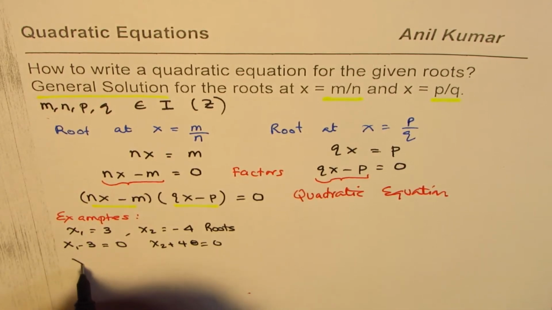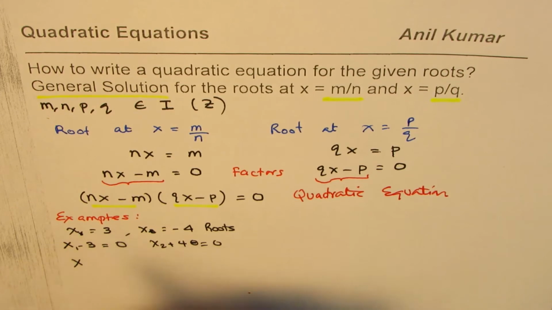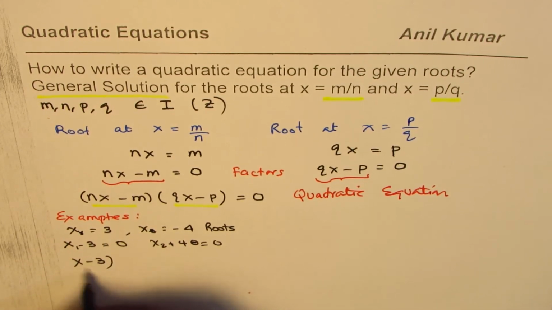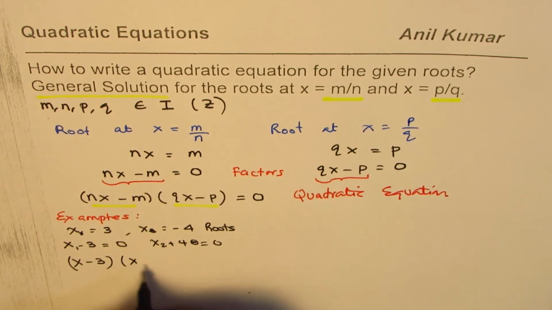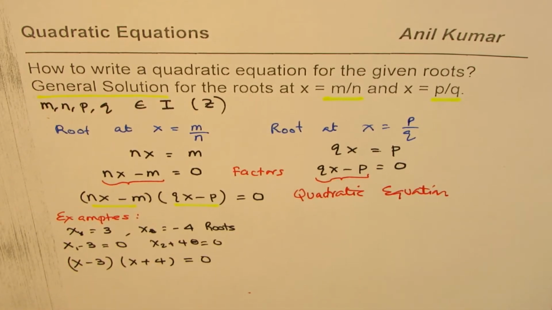So the factors are, you can replace x1, x2 with x, right? Roots means x equals 3, correct? So x minus 3 times x plus 4 equal to 0. Do you get the idea, right?